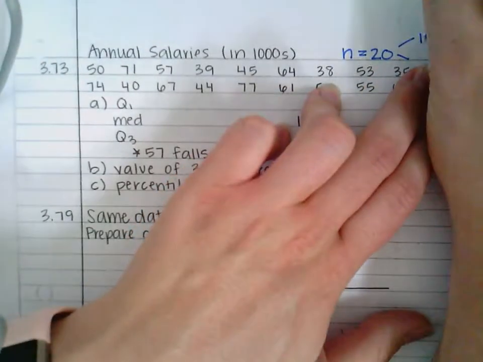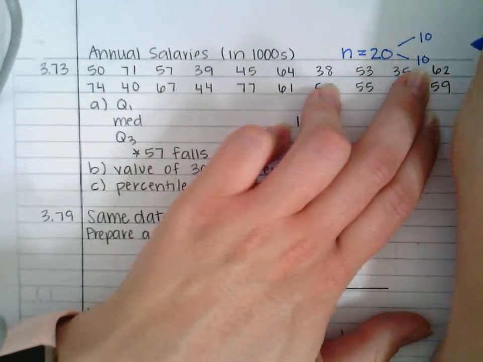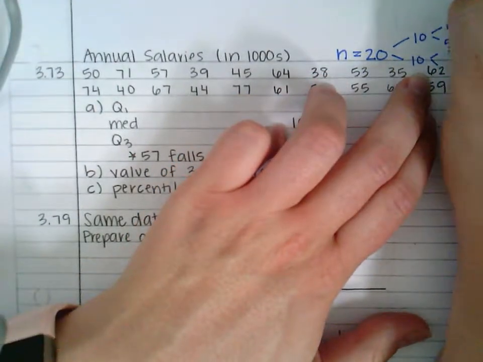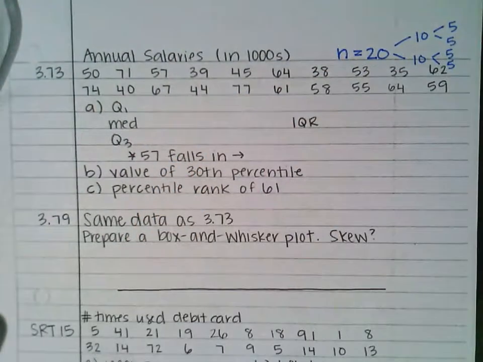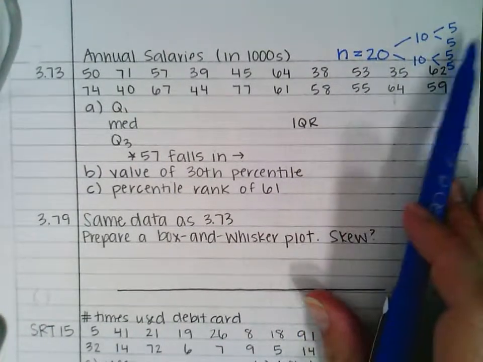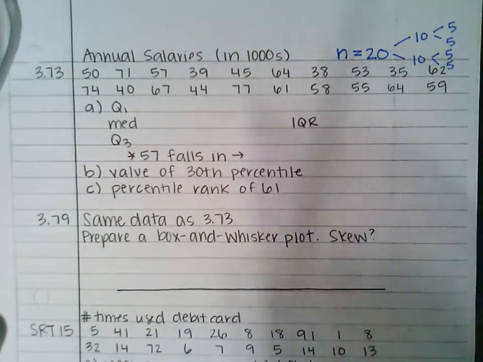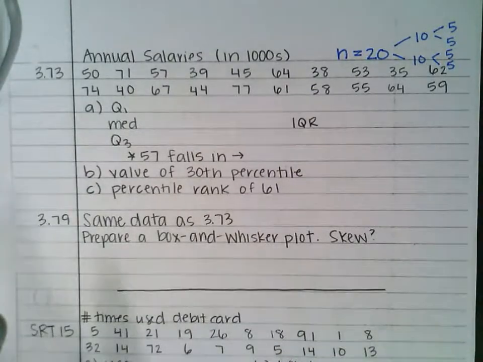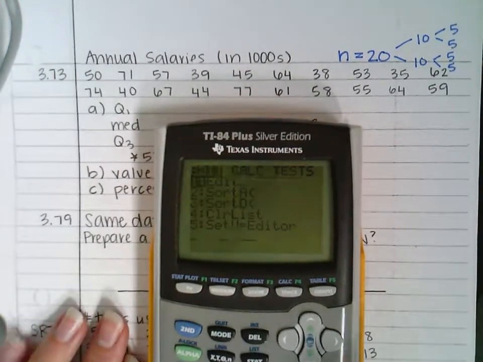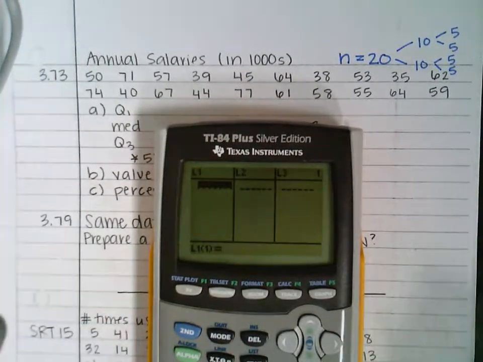Something that I know is that 10 has to be in each half. And since I'm going to start looking at quarters, 5 has to be in each quarter. I know that because 20 divided by 4 quarters would be 5 in each set. It's just how spread out that data is. So I'm going to look here at my calculator and say, calculator, help me find this so I don't have to do all the ordering work.